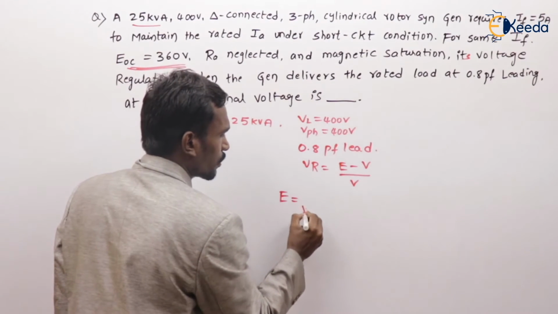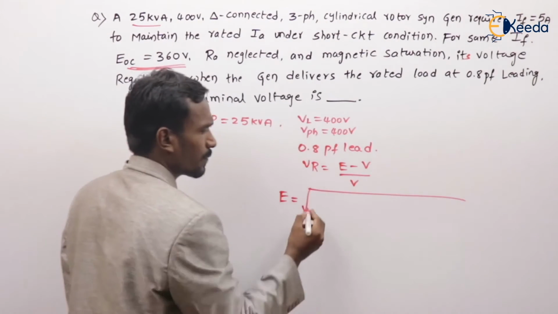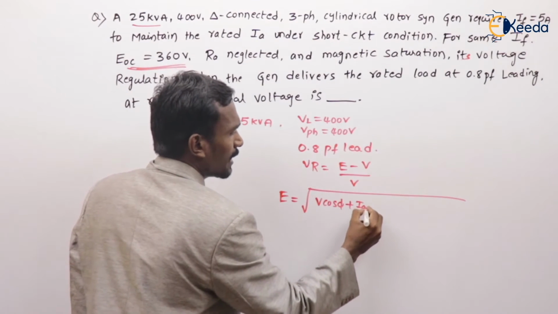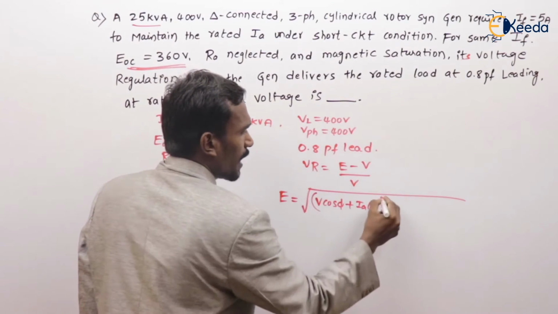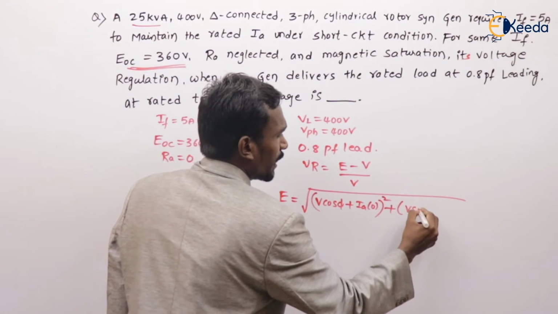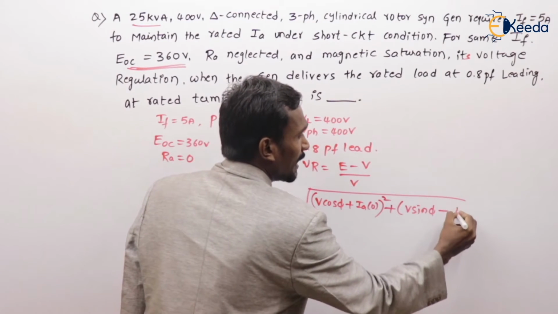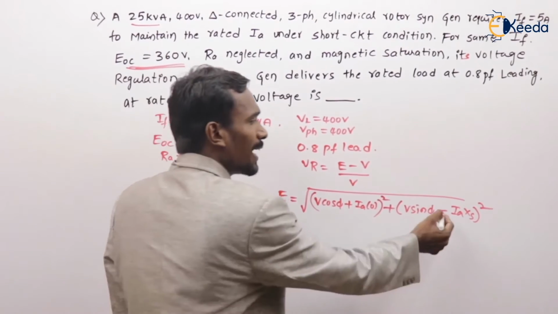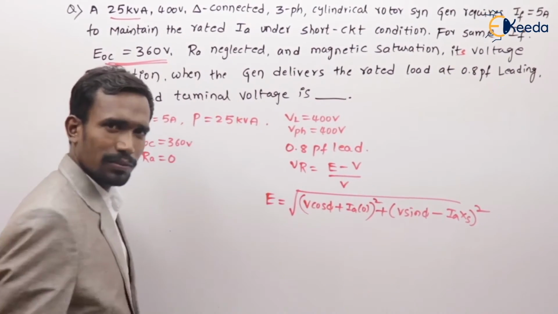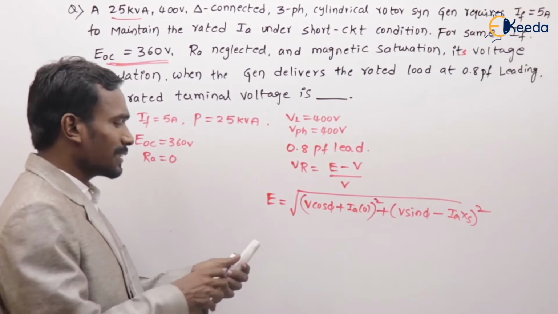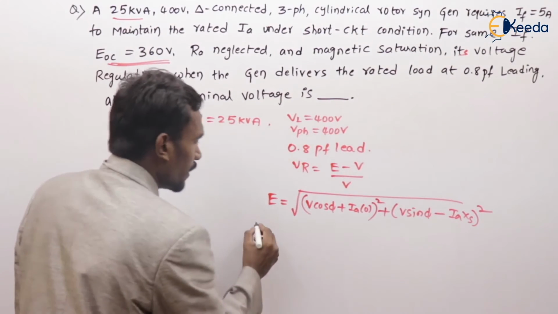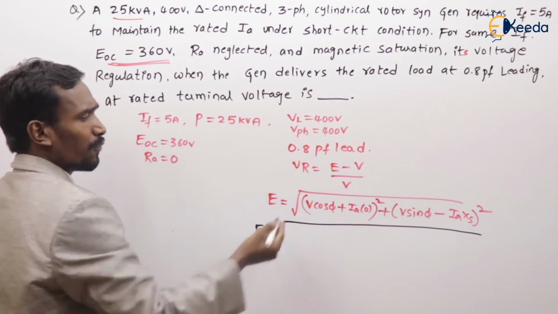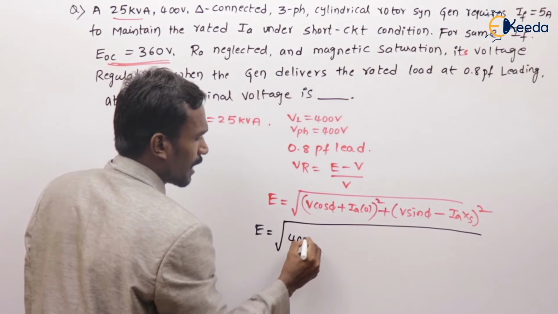E is equal to square root of (V cos phi plus IA RA) whole square plus (V sin phi minus IA XS) whole square. Why is it minus? Because of the leading load. So E is equal to square root of V, what is the V phase? 400.